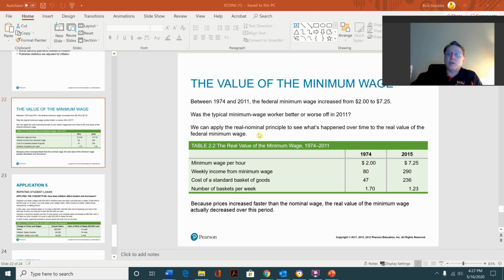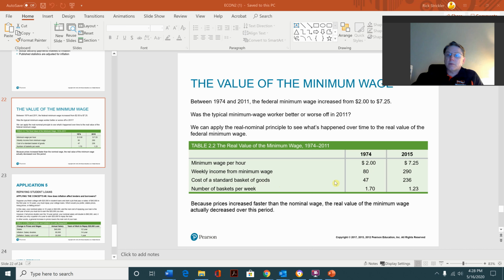And we can apply the real-nominal principle to see what's happened over time to reveal the real value of the federal minimum wage. Minimum wage per hour, 1974 is $2, and 2015, now they switched gears, didn't they? We went from 2011 to 2015, $7.25. Weekly income from wages, $80 and $290.